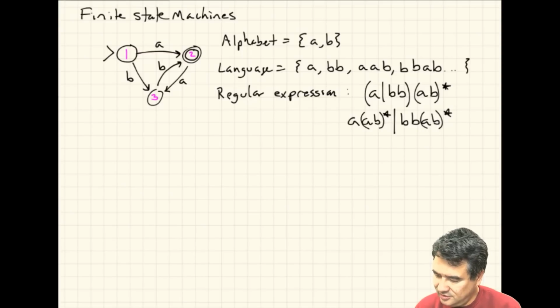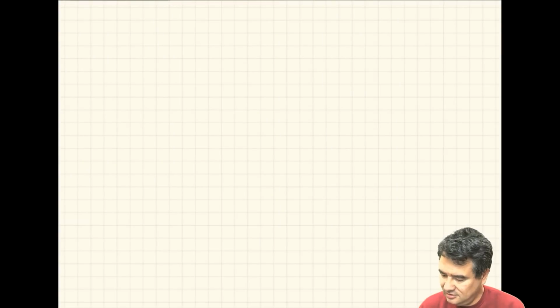All right, let's see, should we maybe do another one? All right. So like I said, I'm just going to doodle around and see what we come up with here. So here's our starting state, and I'll put in a few more.